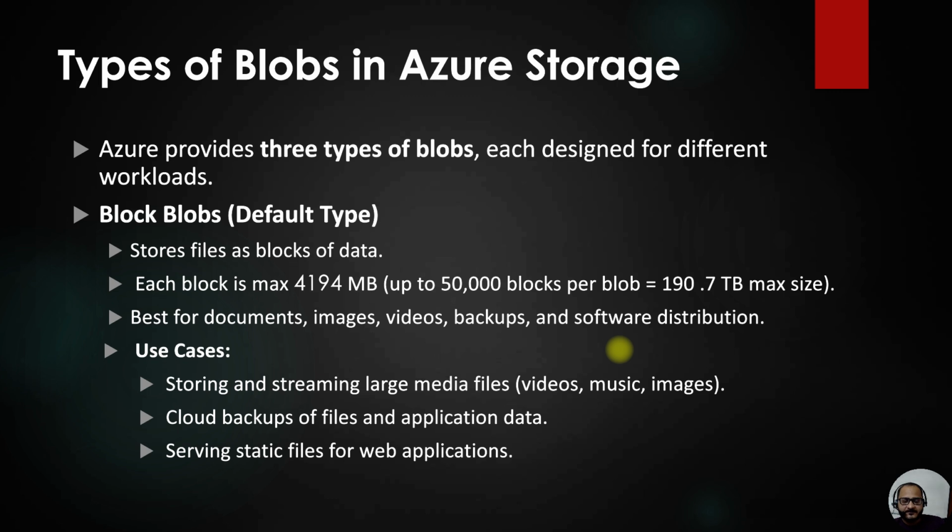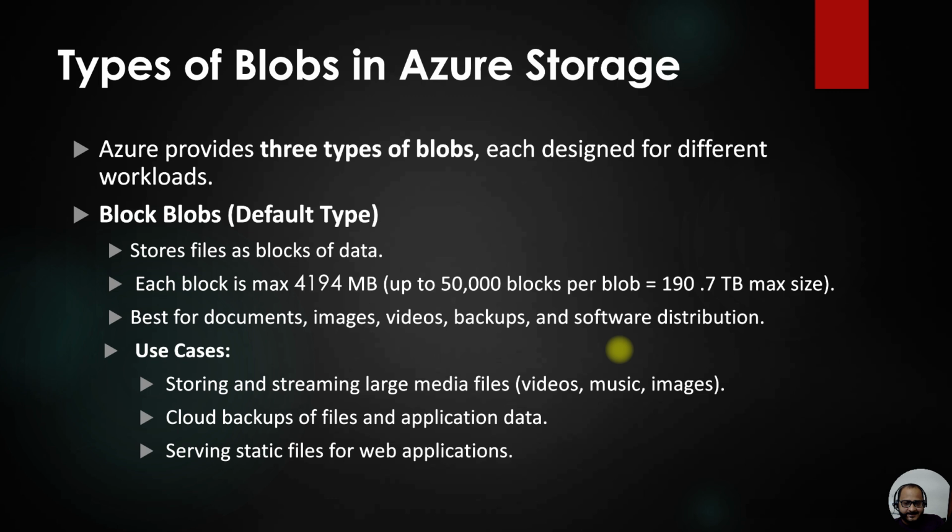Here whatever data we are going to store will be stored as blocks, and each block will have a capacity of 4194 megabytes, and here you can store up to 50,000 blocks per blob. So the total maximum size here is 190.7 terabytes. It is best for documents, images, videos, backups and software distribution. For that you can utilize blob storage.